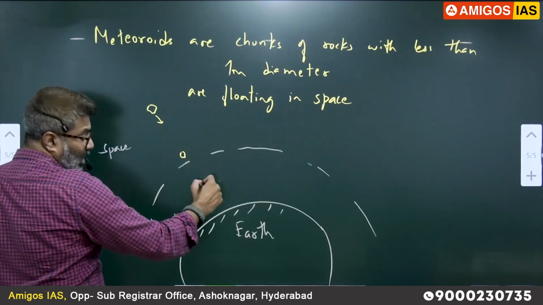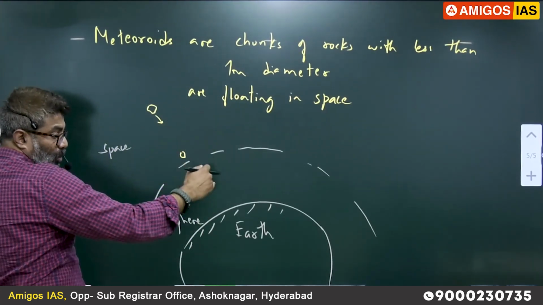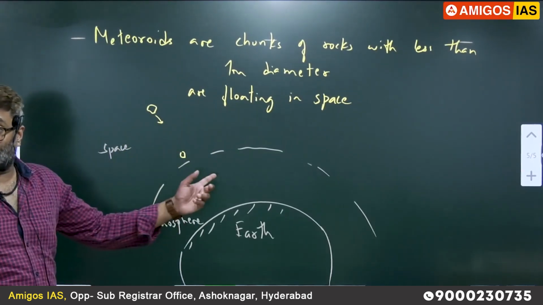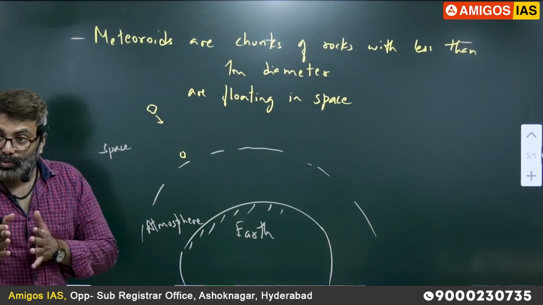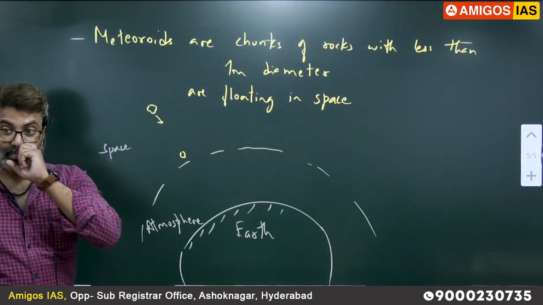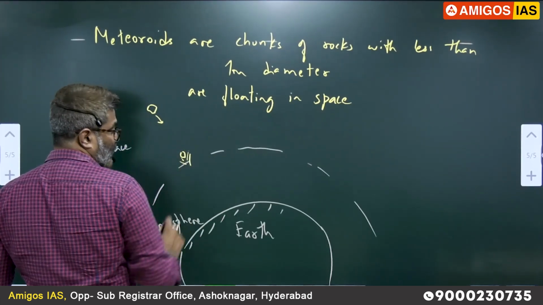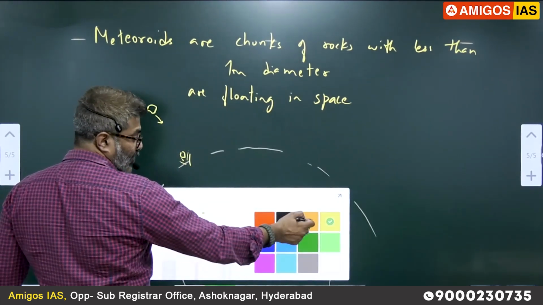When it enters the Earth's atmosphere, space is a vacuum, but our atmosphere is denser and contains gases. When any object enters our atmosphere at a very high speed, there will be a lot of friction and the temperature increases.